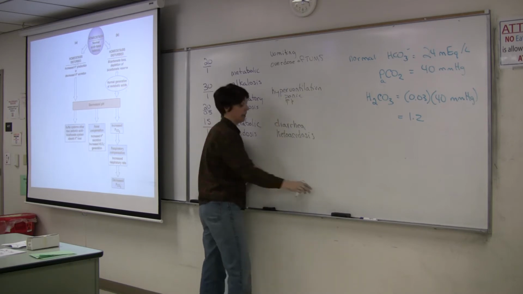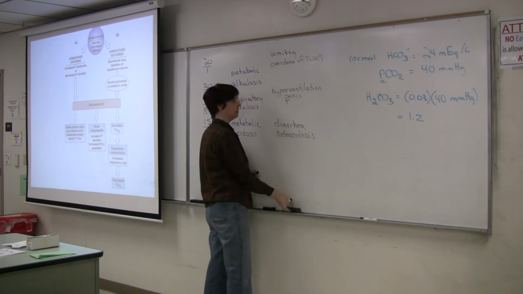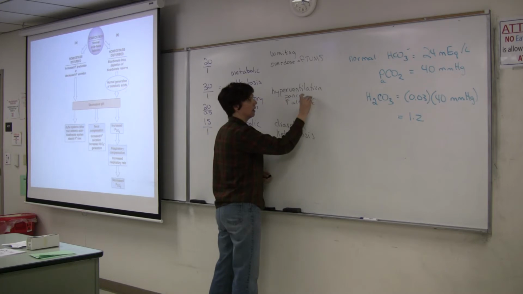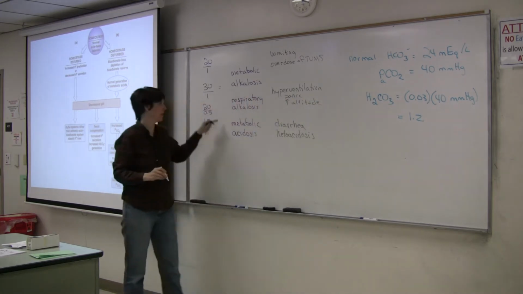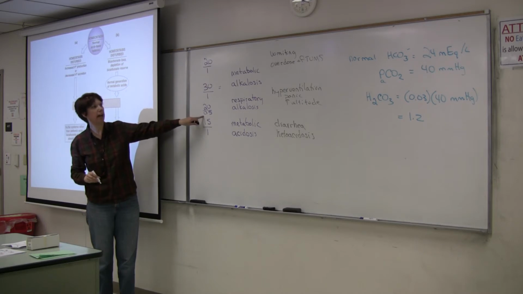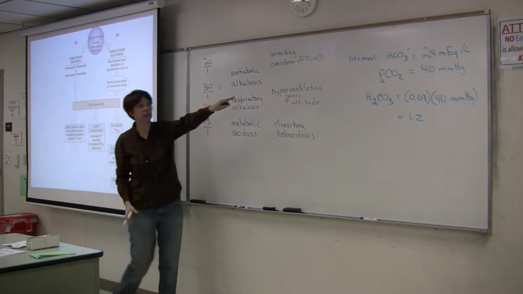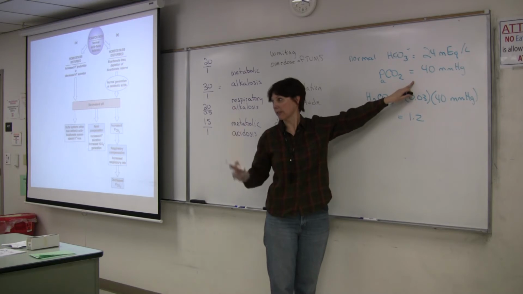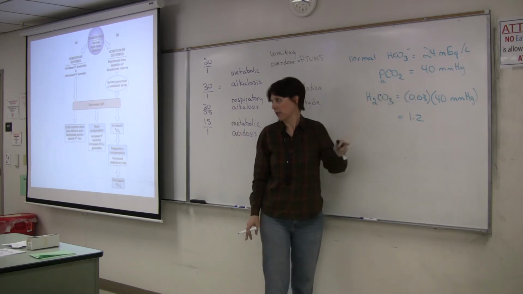It may be due to improper breathing during labor. But whatever reason, we're blowing off CO2, hence our lower number. So a 0.5 would be a PCO2 of 20 millimeters. Okay, half of our normal amount of CO2 would give us a 0.5 in our ratio.